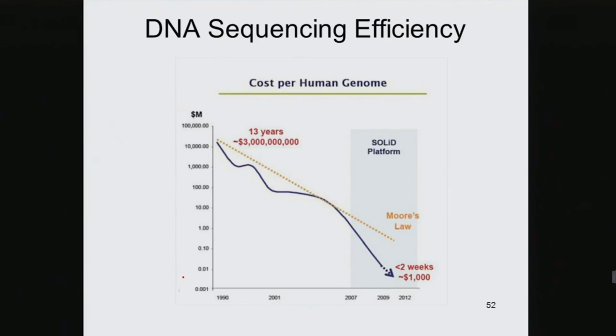Over the years, DNA sequencing efficiency has increased dramatically, and it basically follows Moore's law, which states that computer efficiency tends to double every 2 years, and because it doubles every 2 years, the cost associated with it also comes down.